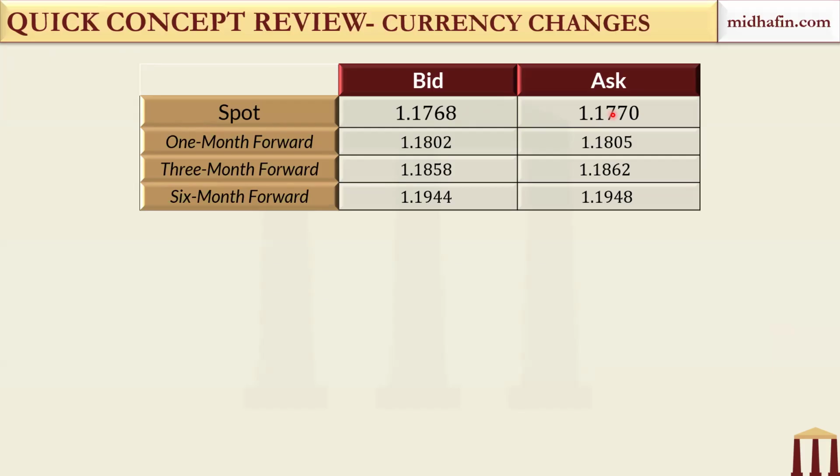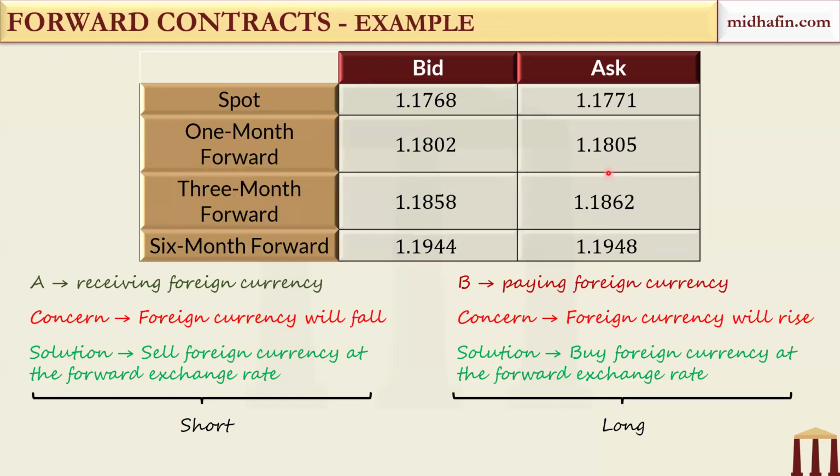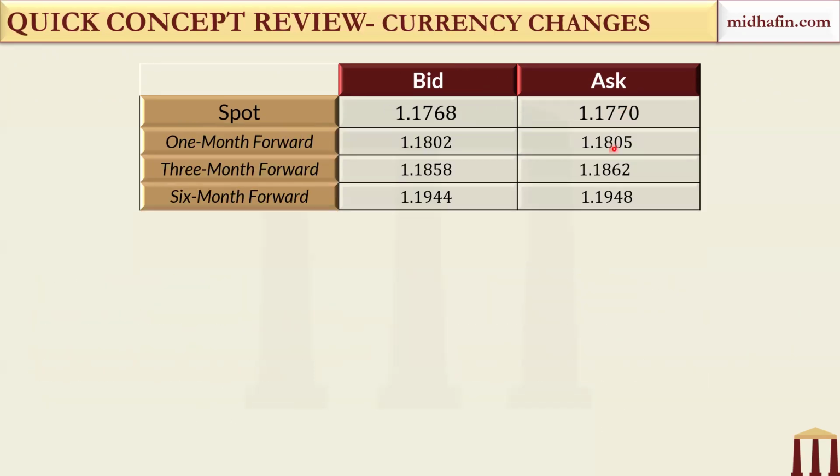Correct, the average. Very good. So that average is known as the mid-market quote, mid-market spot. Okay. So if it is 1.1769, okay, I've tweaked the numbers a little. In the previous example, it was 1.1771. So just to make the average simpler, I've taken it as 1.1770.